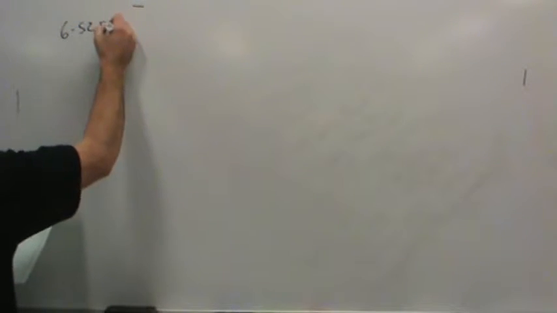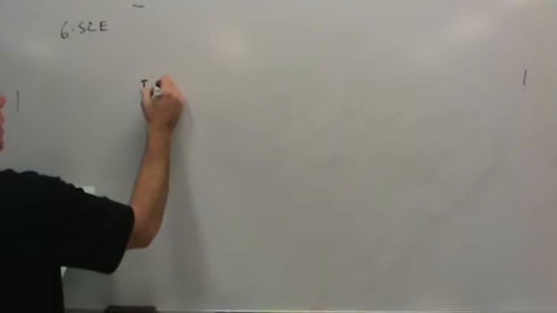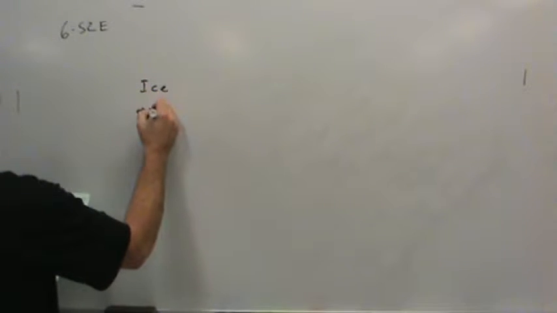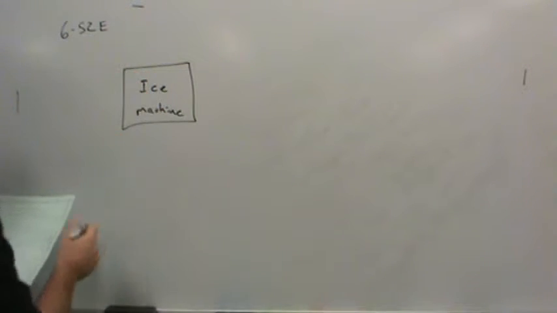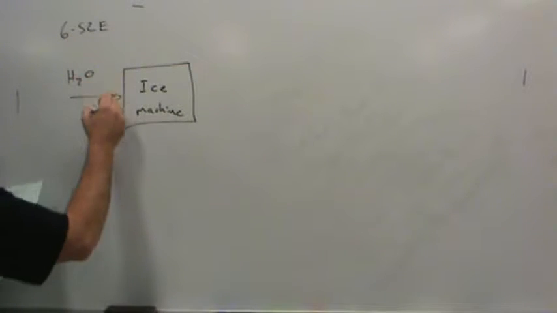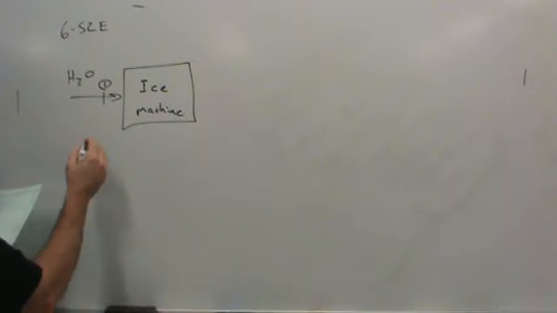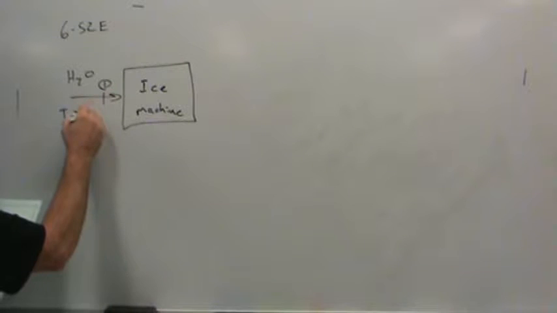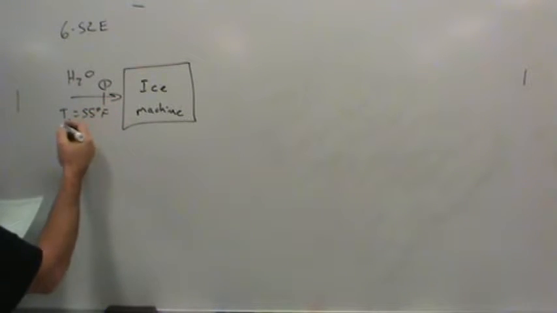This is 6-52E. So here's the ice machine. As far as we're concerned, it's just a black box. We're not concerned about exactly how it works. Water comes in at what I will call state 1 at a temperature of 55 degrees Fahrenheit.